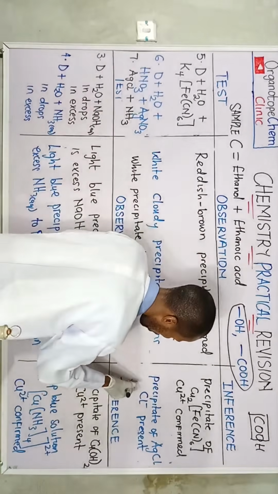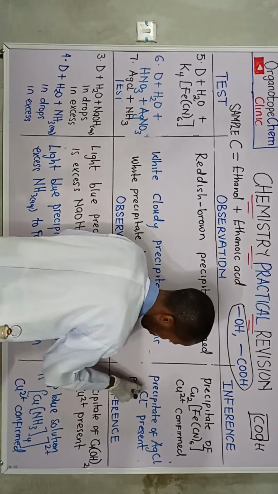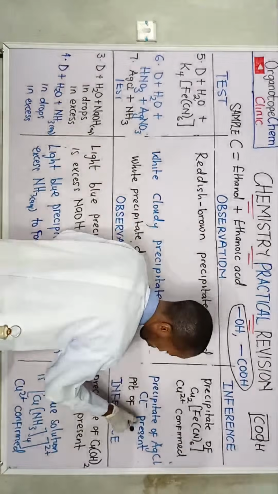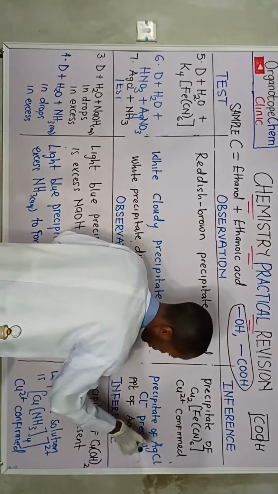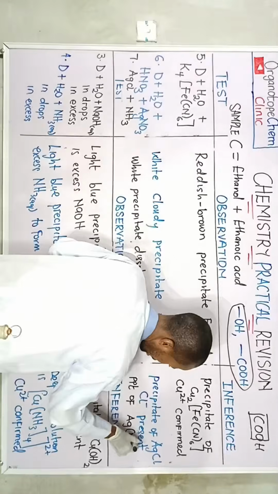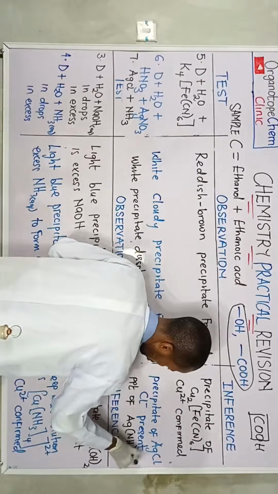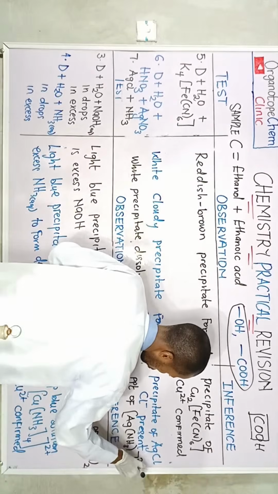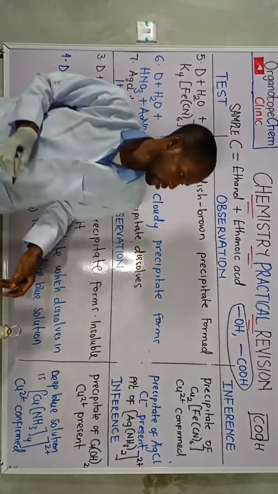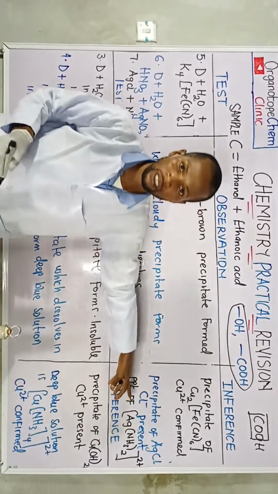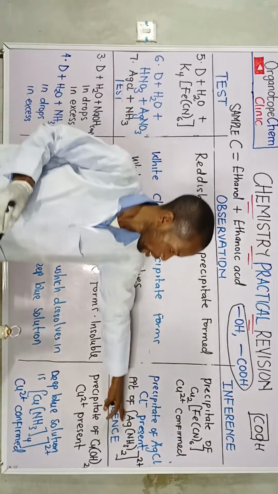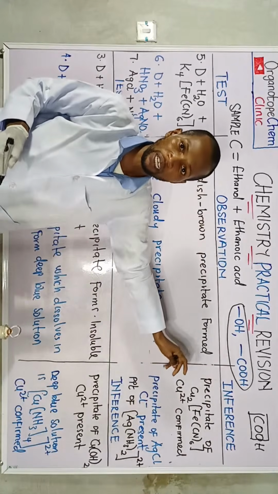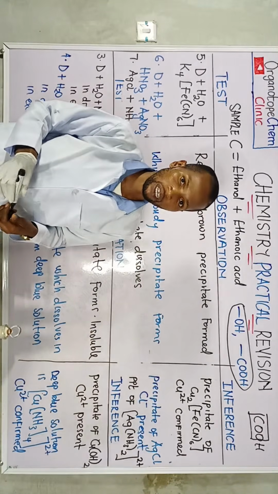But the complex formed precipitates of, we are having [Ag(NH3)2] close bracket, 2 plus. Okay? So precipitate of this is formed. [Ag(NH3)2], then the complex ion is what? 2 plus. Is that okay?